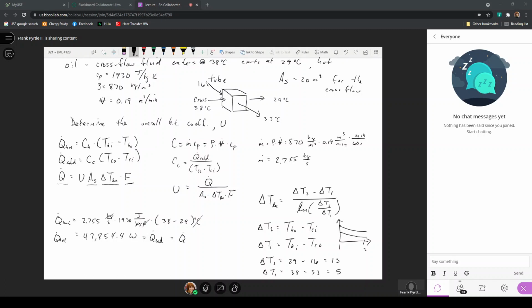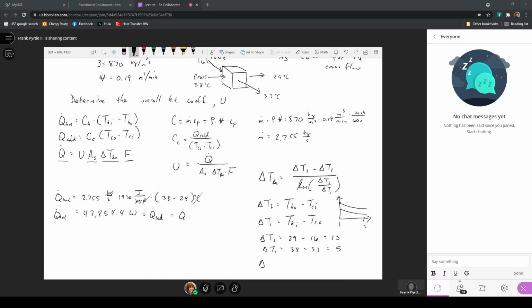So now we have these temperature differences calculated for a double pipe heat exchanger, so that now we can calculate the log mean temperature difference here.